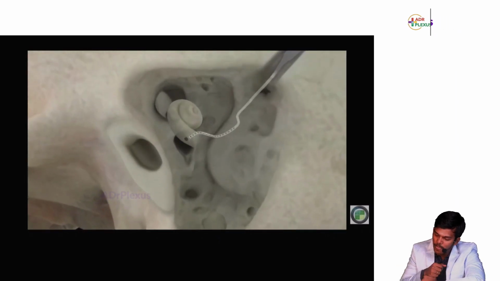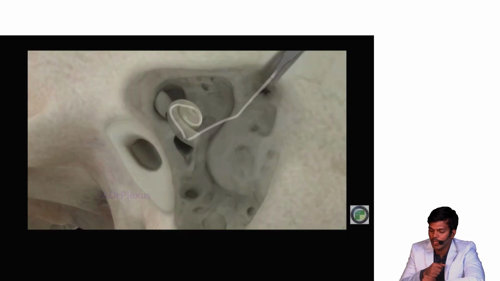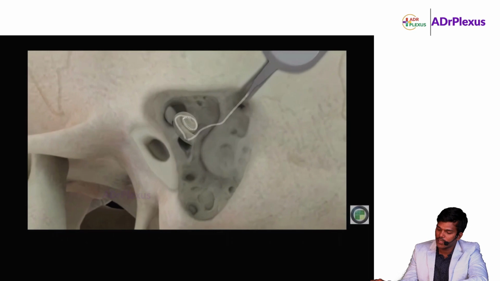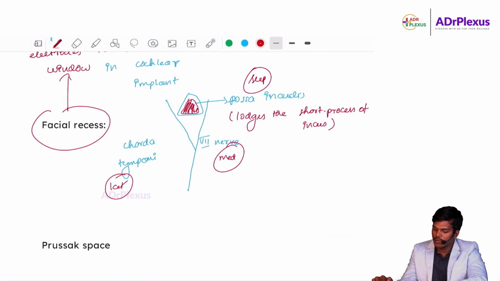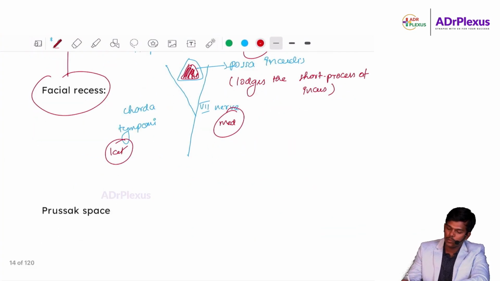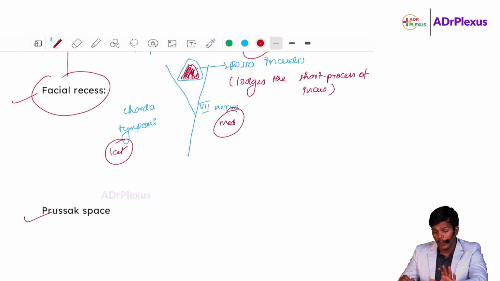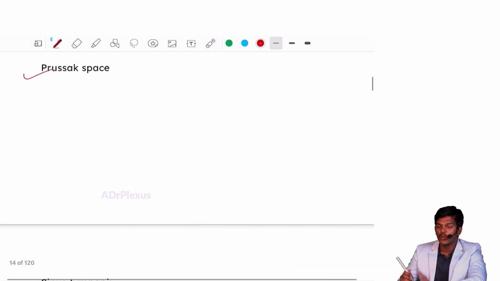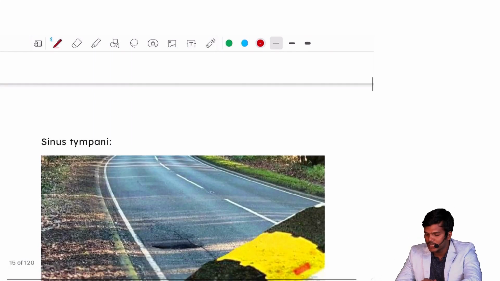See, the electrodes of the cochlear implant are inserted into the round window through the facial recess. Okay, fine. So we have seen the facial recess, and the Prussak's space adjacent to the malleus. Now we can enter into an important and confusing space called the sinus tympani.